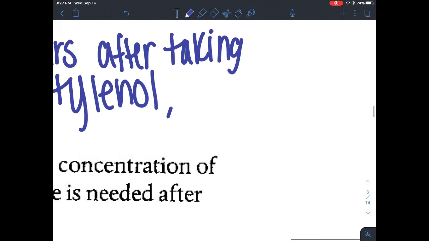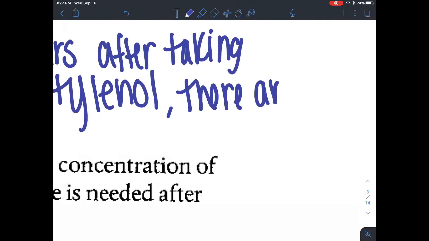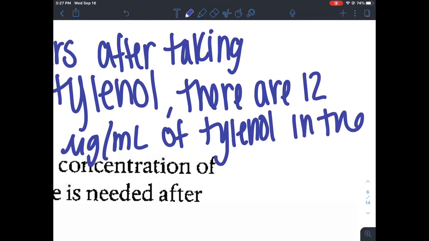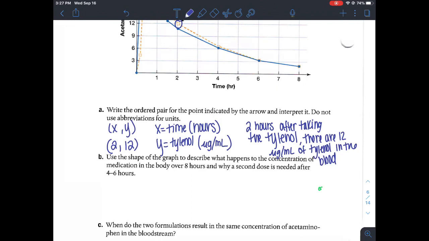Okay, so there are 12, and I'm just going to abbreviate, of Tylenol in the blood. Okay, cool. So we just identified the x value, identified the y value, interpreted the x value, interpreted the y value. That's all I did there.